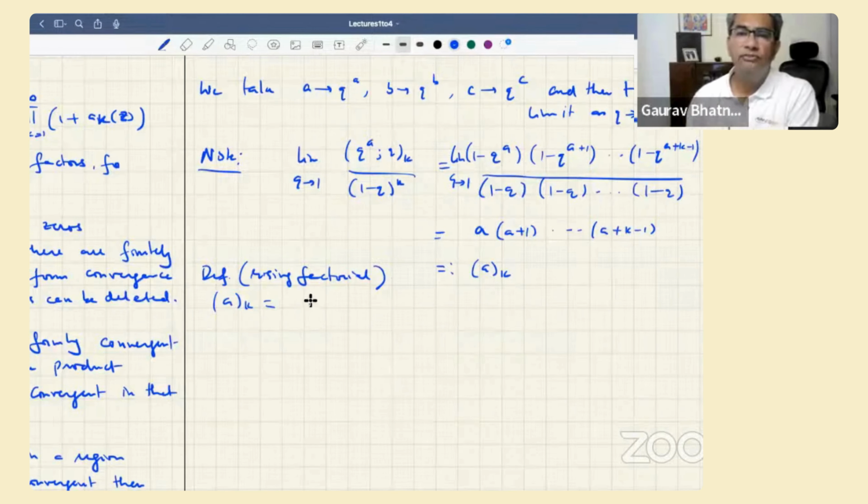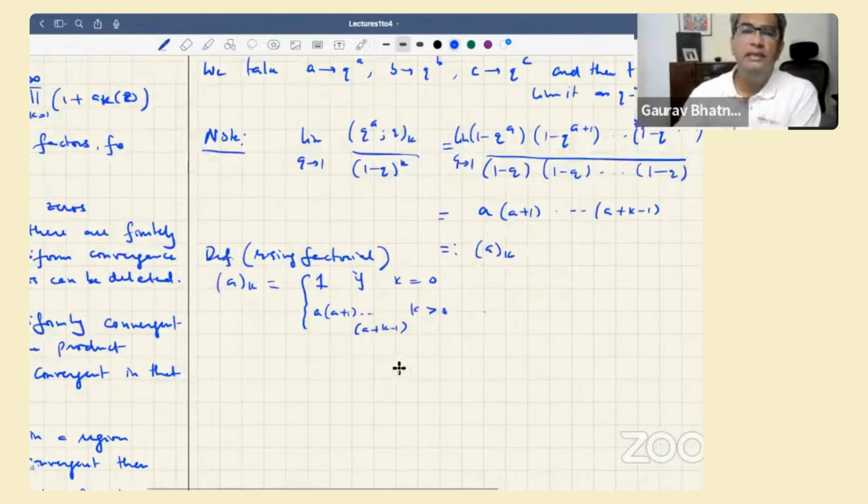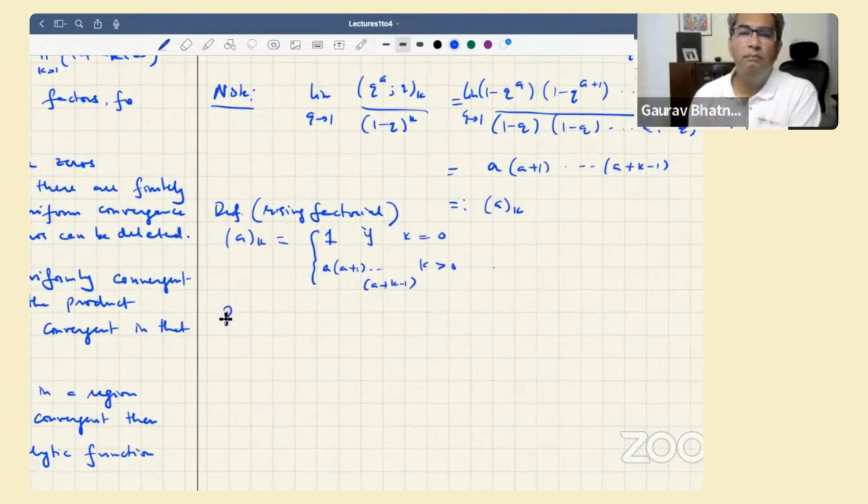Which is, so it's defined to be 1 if k is 0, or if k is bigger than 0, it is a into a plus 1 up to a plus k minus 1. This is also called the Pochhammer symbol.